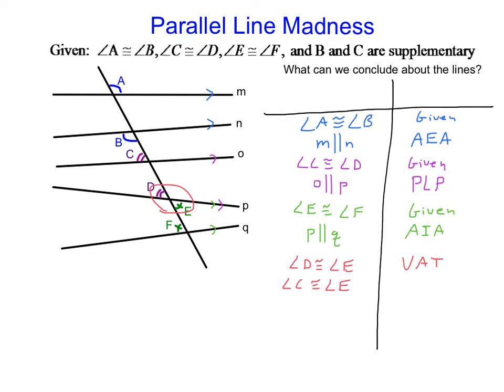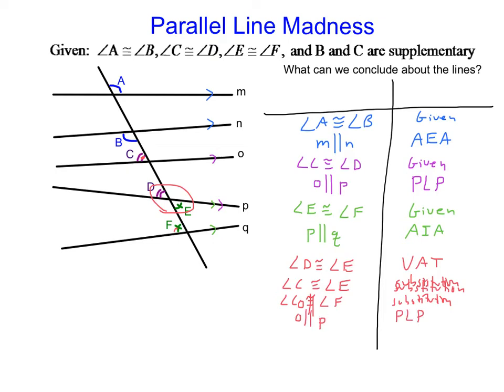So I'm substituting in that D is equal to C. So C is now congruent to angle E because they are alternate. Oh wait, that's a substitution. Then you're going to get that C is congruent to F, so ultimately this one and this one. And that lets you conclude things about those lines, O and Q, by the parallel line postulate.